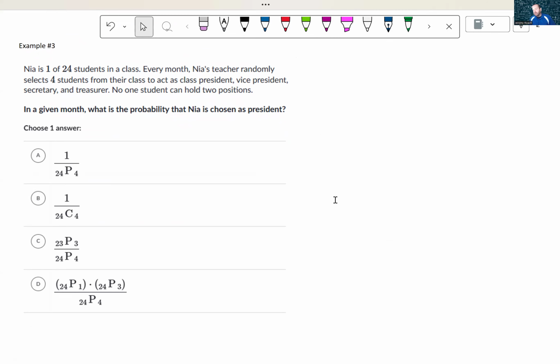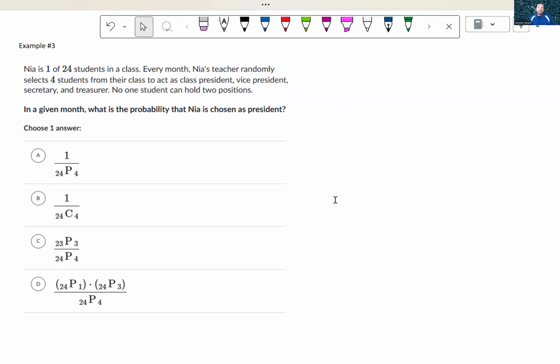Every month, her teacher randomly picks 4 students from the class to be the class president, the vice president, the secretary, and the treasurer. No student can have 2 of the same positions. So every month, she picks 4 kids. There's 24 students in the class. Nobody can have the same 2 positions.